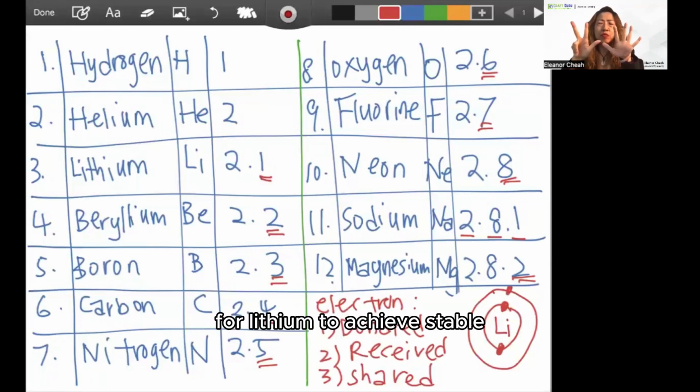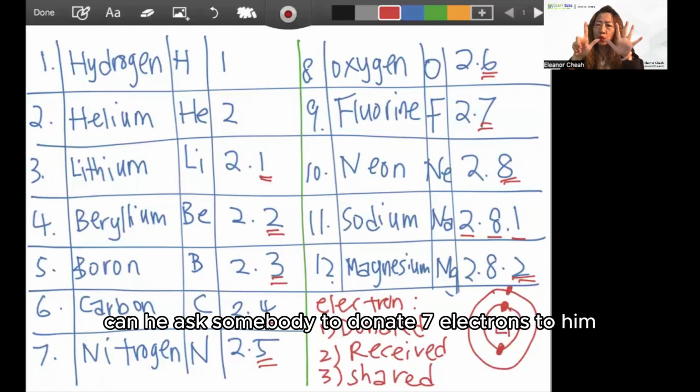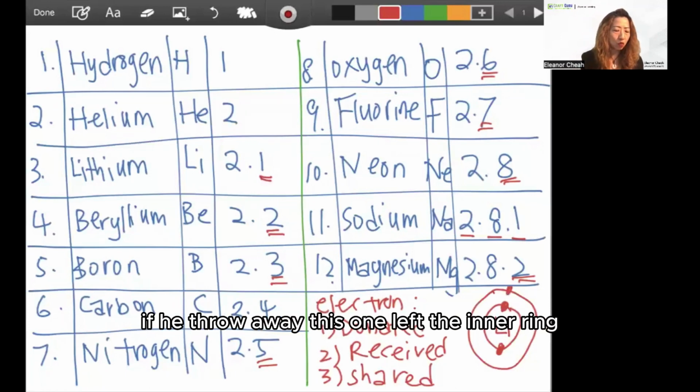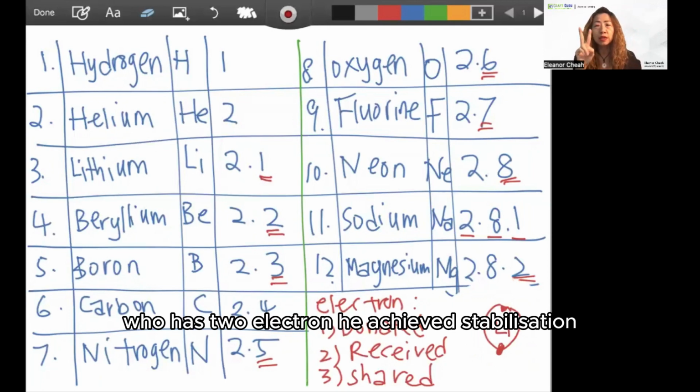So for lithium to achieve stability, he has 1 electron now, short of 7. So can he ask somebody to donate 7 electrons to him? Is that easier, or he throws away this one? If he throws away this one, what is left is the inner ring with 2 electrons, and he achieves stabilization.